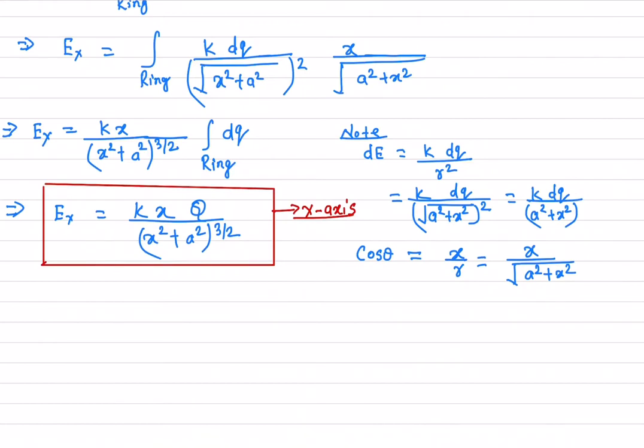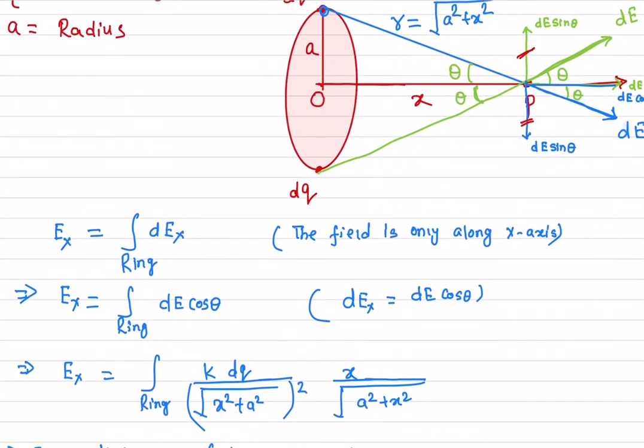Let me now talk about a special case. The first special case I'm going to talk about is x equal to 0. What does that mean? That means the point P is right here at the center.